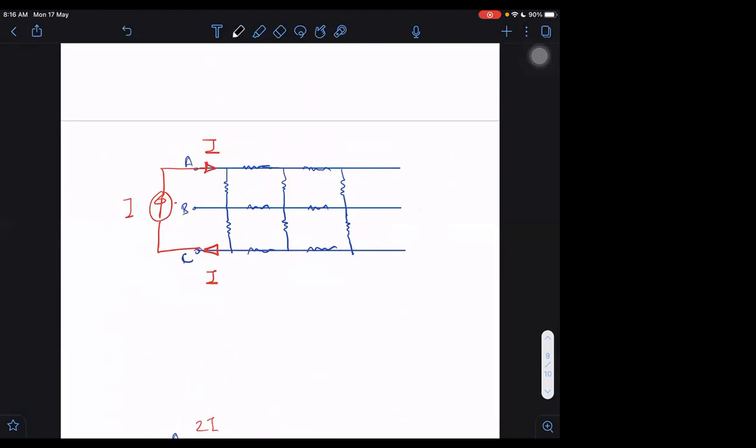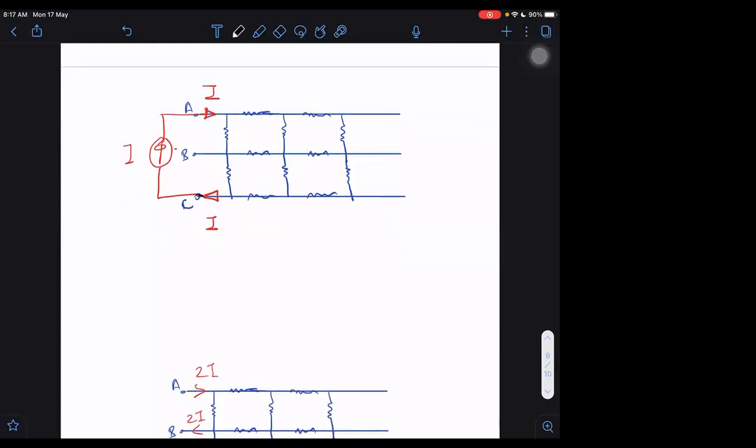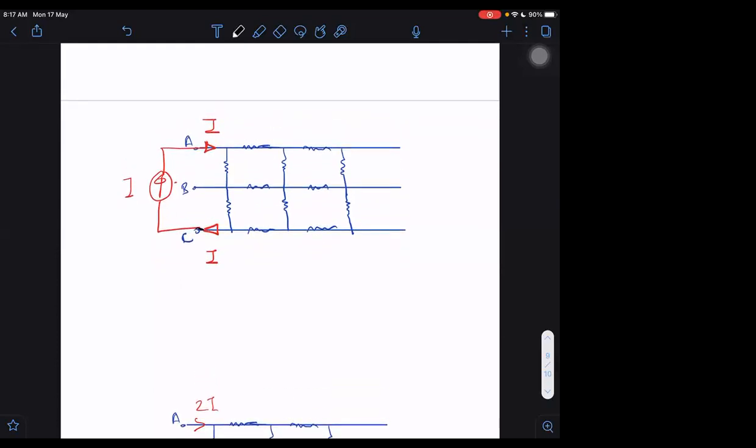We are sending current I and taking back current I. Now you tell, what is it? In this R, here, the middle one we can just remove, right? Yes, sir.